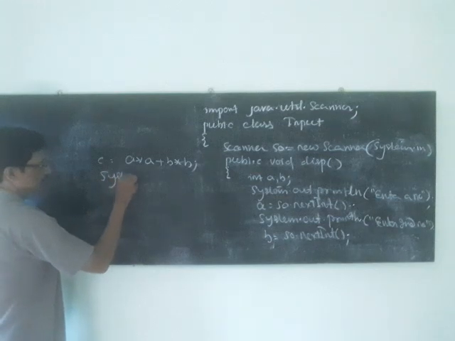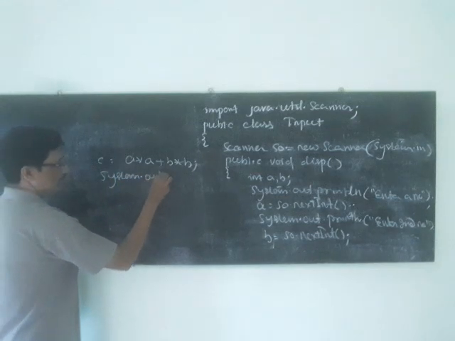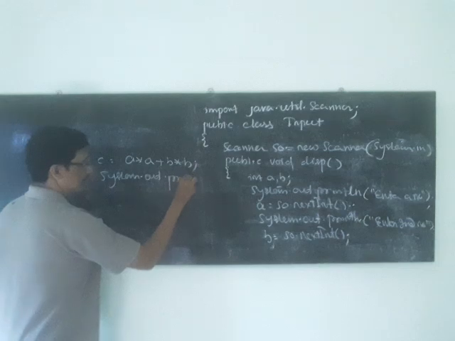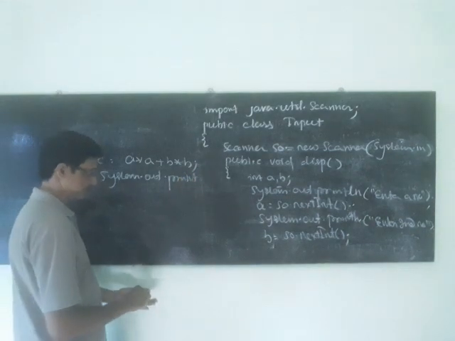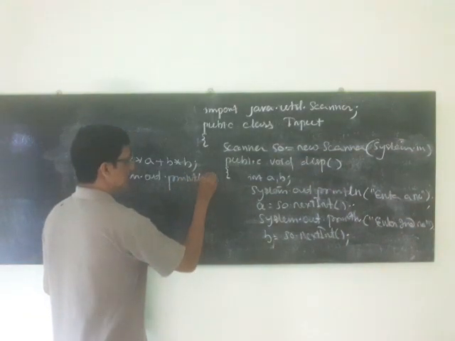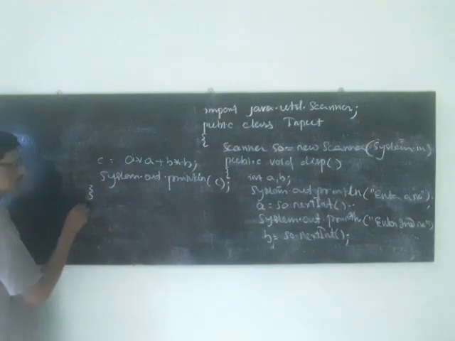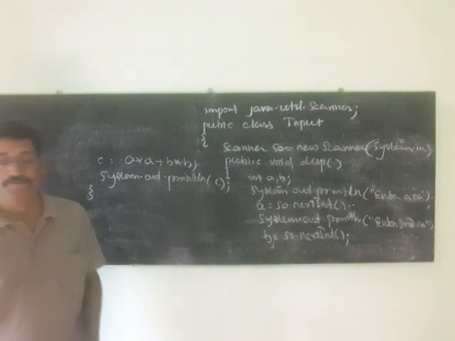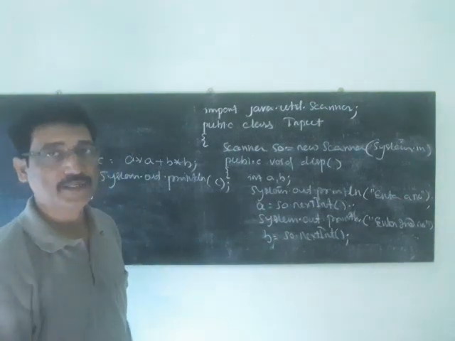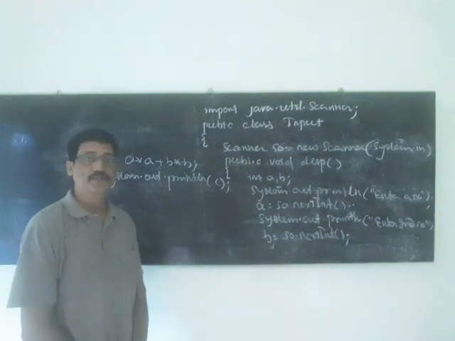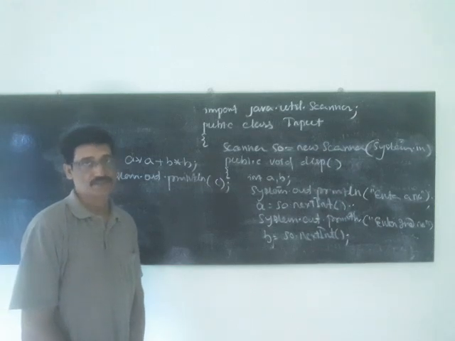System.out.println(c). Then close the method and close the class. So in this way you can input data from the keyboard using the Scanner class and its methods.